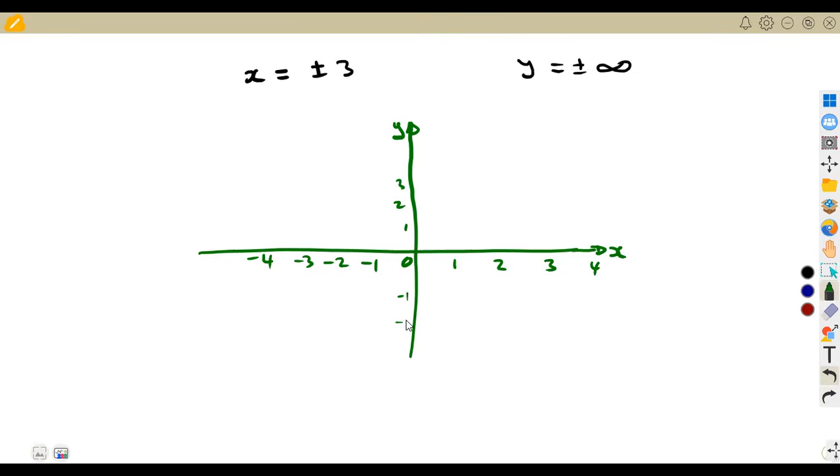We are supposed to have our points at 3 and at -3 on the x-axis, because these are the x-intercepts. This is where we are supposed to have our points.